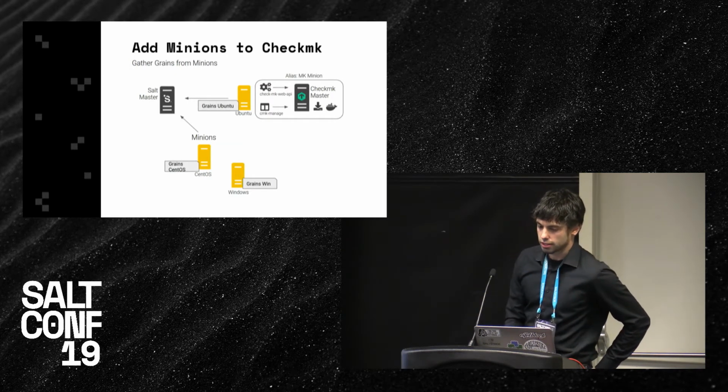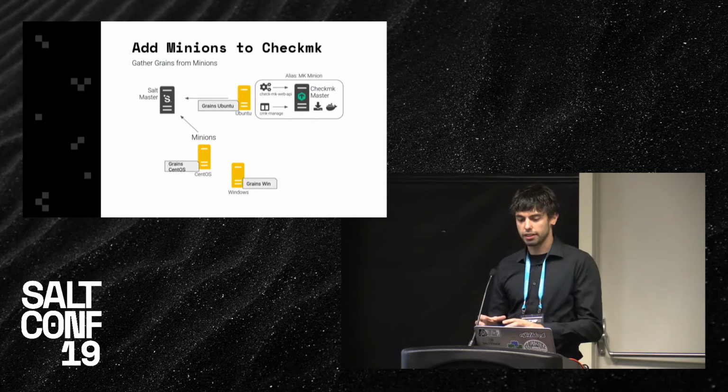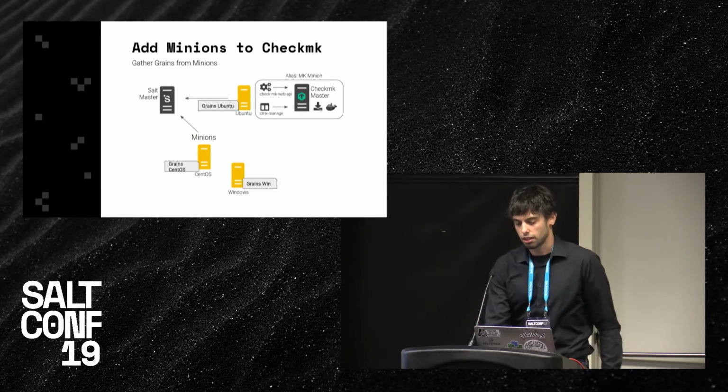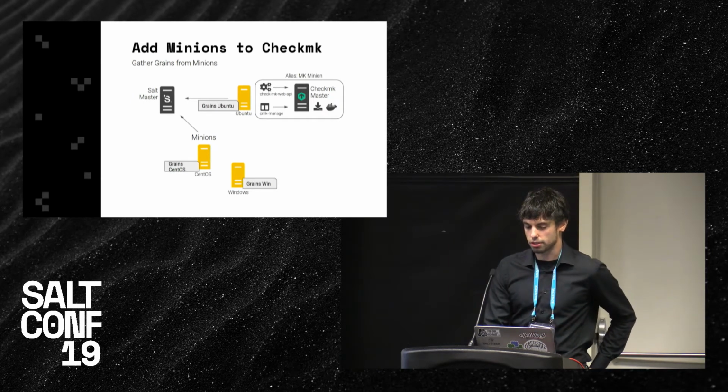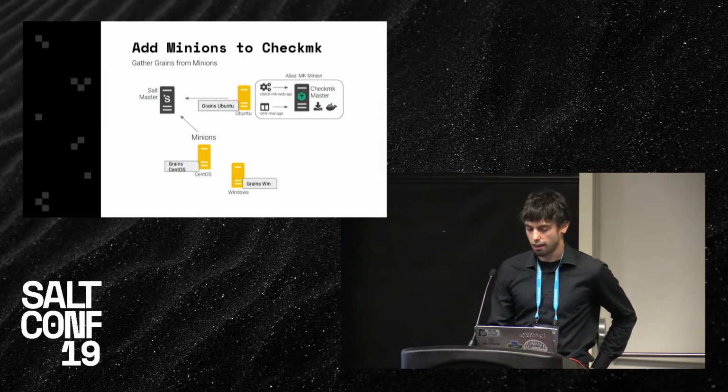What we are now doing is I would like to provide this grain information to the minion that is this designated MK minion. So I first collect a bunch of grains that you can define in a pillar file.